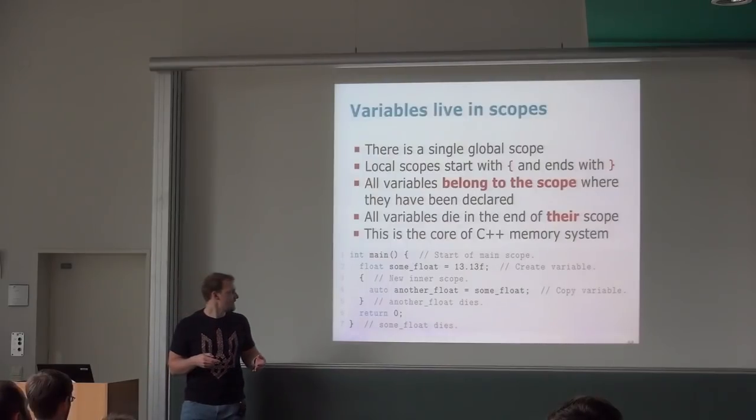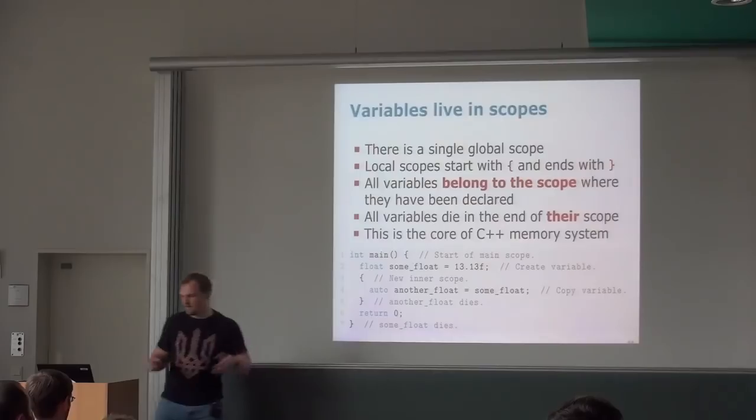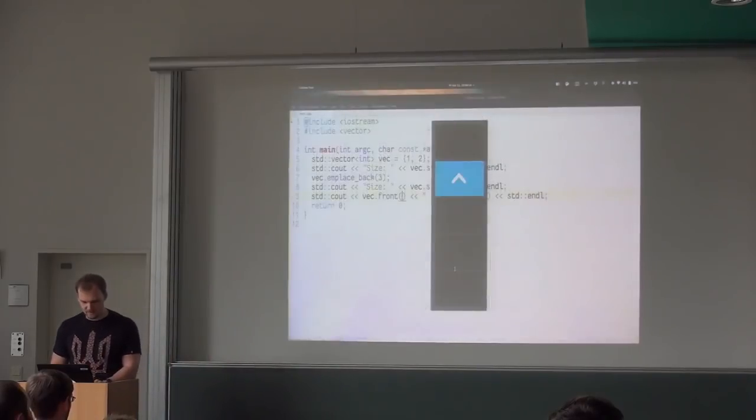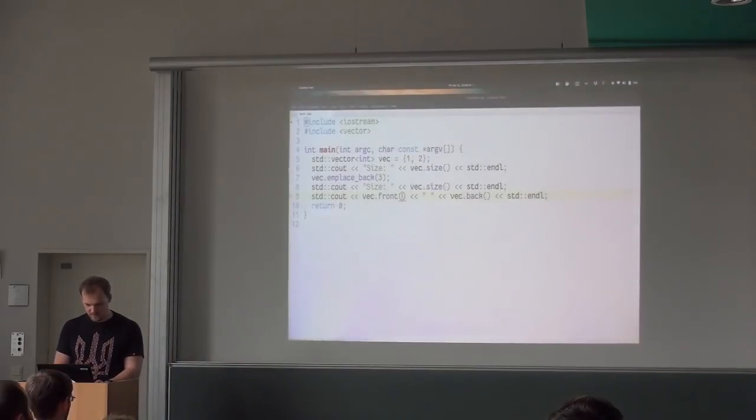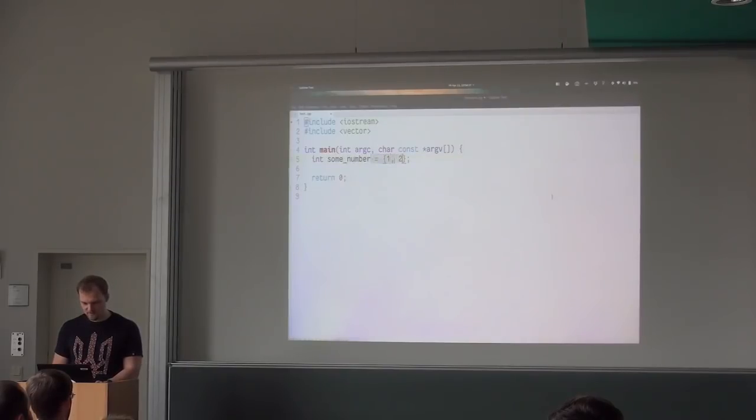So in this case, I think it's easier to show it again in an example. Let's leave our vector, let's not go for vector, let's just go for int, some number. Let's set it to 1.